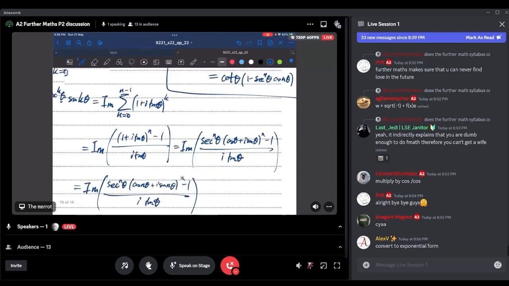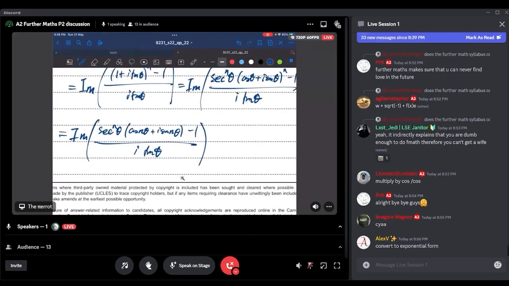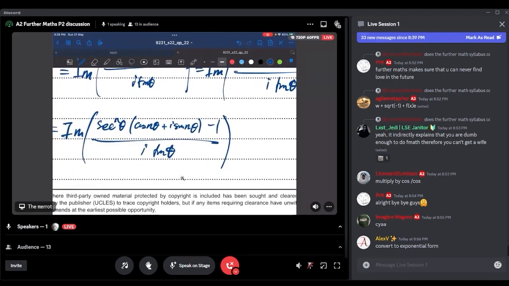If we expand this, we see that we can split it into this guy, this one's together, because they're all real, and this is the imaginary part. But then don't forget you have an i at the denominator. So if you only take this one, it'll become real. That means you have to take this one. This is what you want to take.